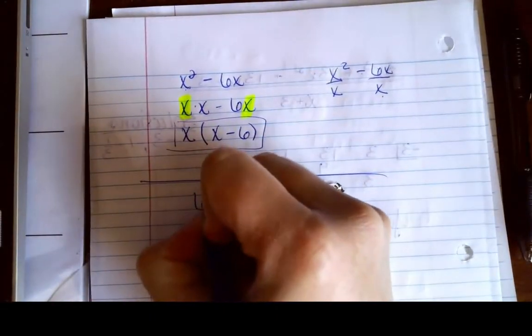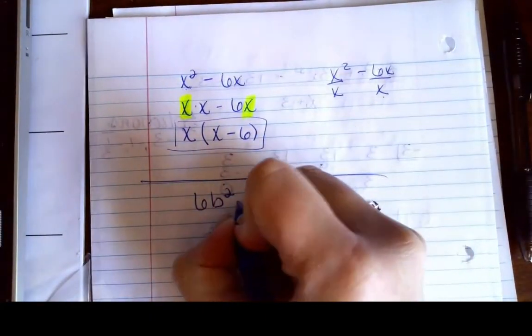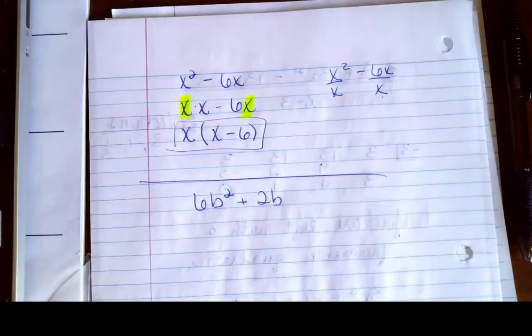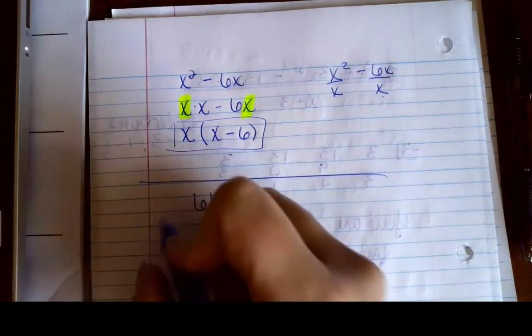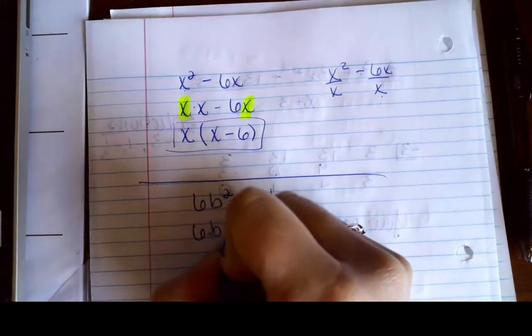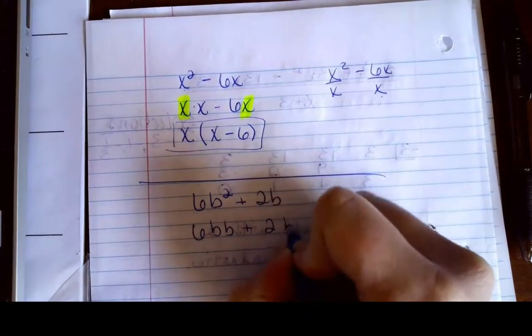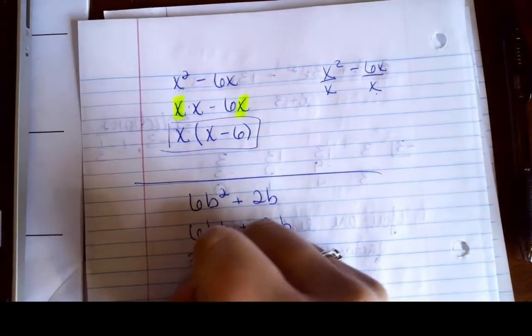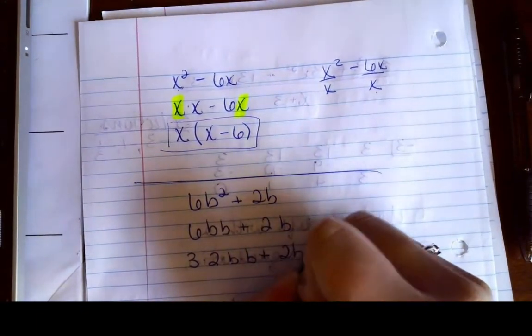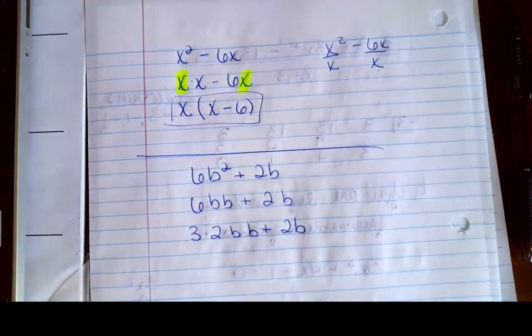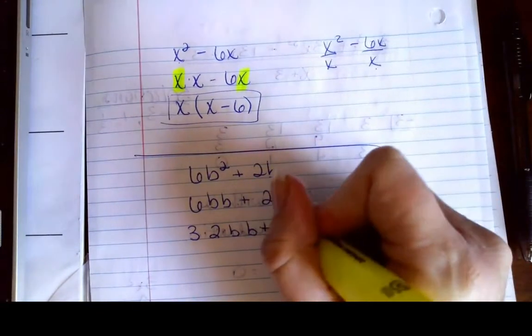I've got 6b squared plus 2b. So the first thing I do every time I factor is I see if there is something common. So I'm going to look, and this is a 6 times a b times a b plus a 2 times a b, which I could also say 3 times 2 times b plus 2 times b. So what do they share? They both have a 2.